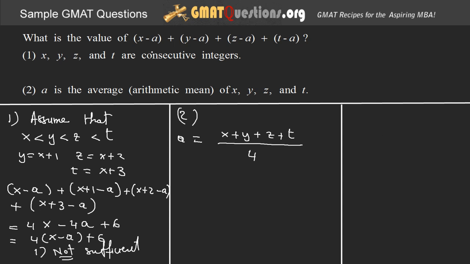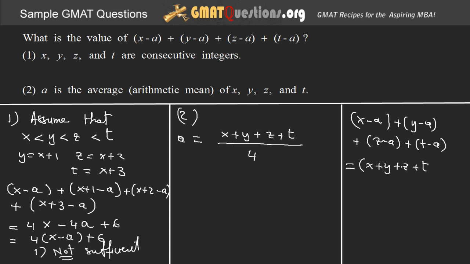So this formula, x minus a plus y minus a plus z minus a plus t minus a, this whole thing is equal to x plus y plus z plus t minus, we have a bunch of a's, minus 4a. It's important to write it this way. I think this is a little bit more digestible.